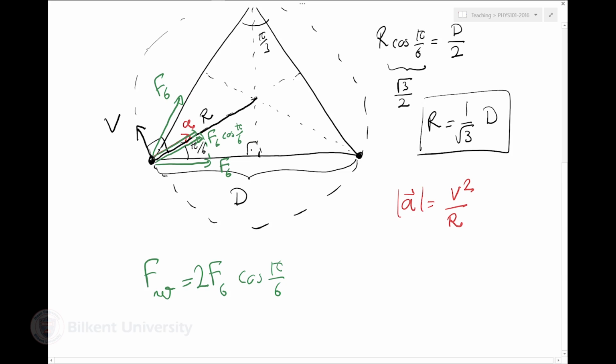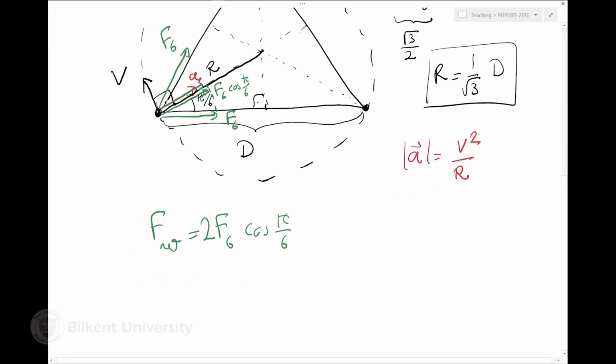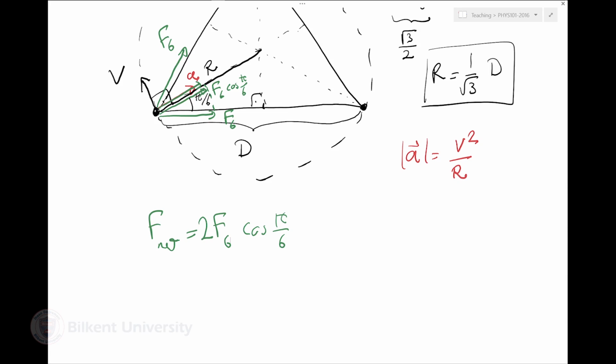They cancel each other, right? So here's what I have. How about Fg? What's the force between 2 planets here? It's going to be, right, G, each planet has a mass of m over 3, divided by d square. Cosine pi over 6 is square root of 3 over 2.